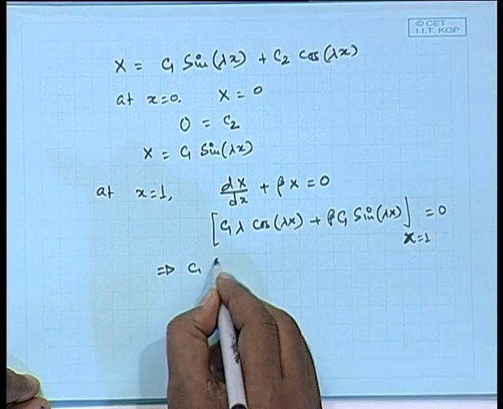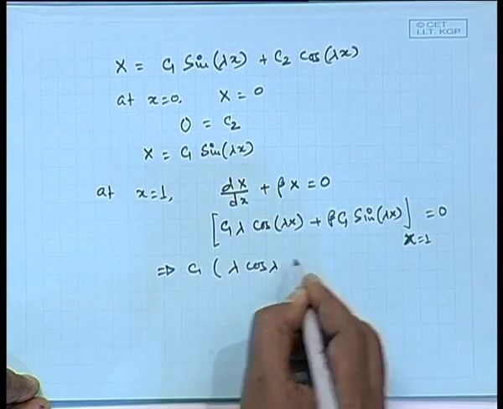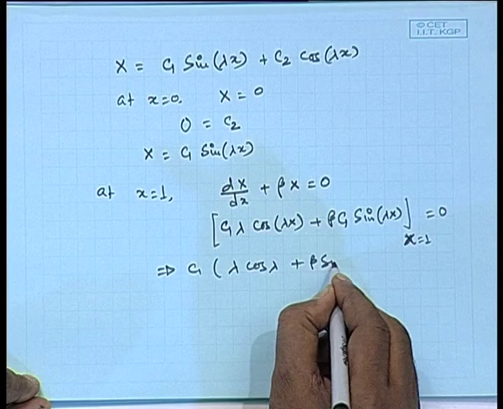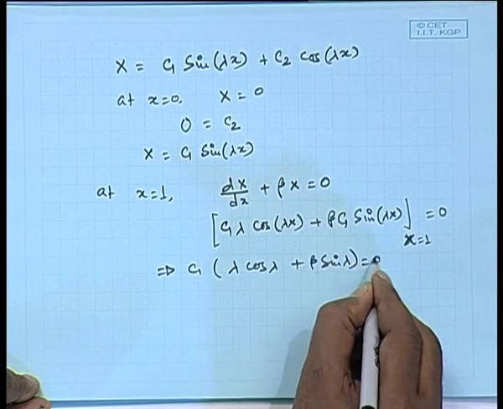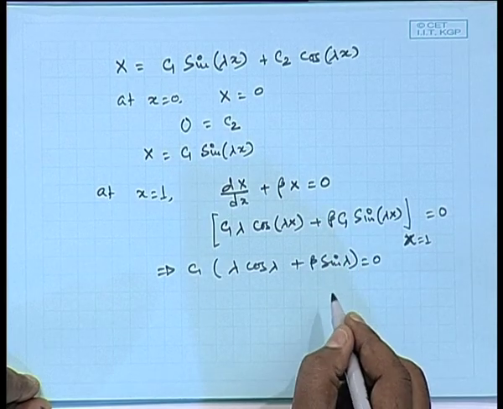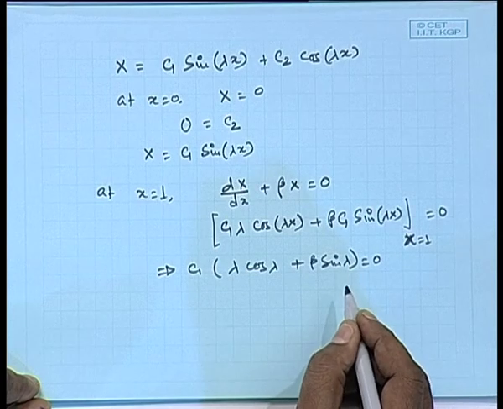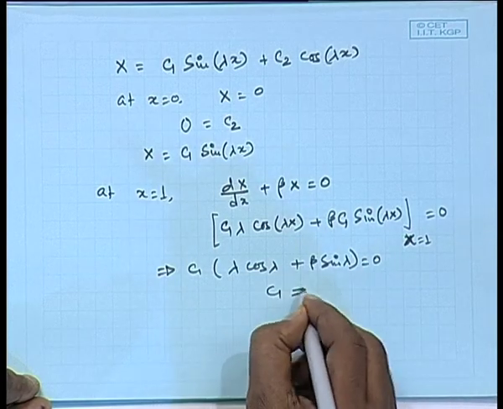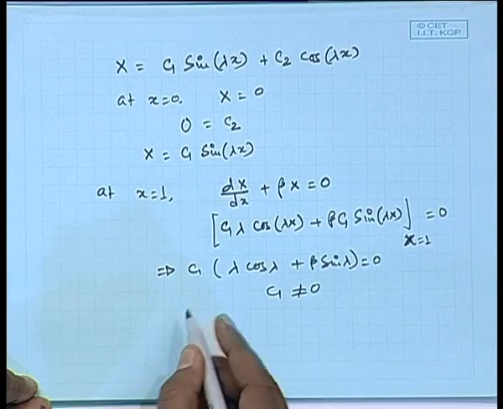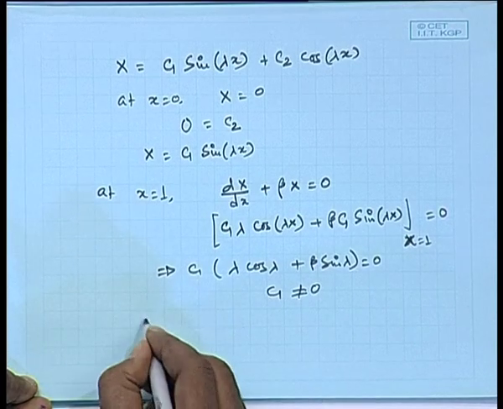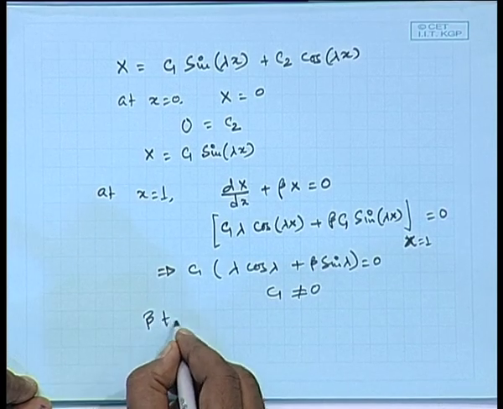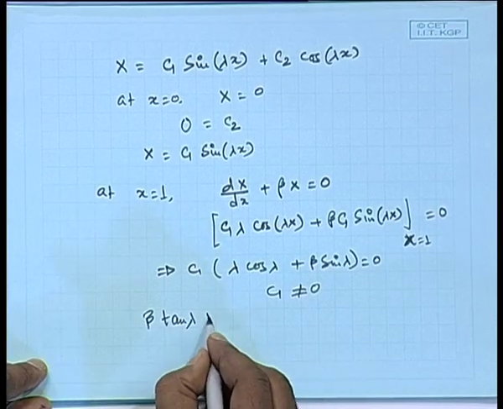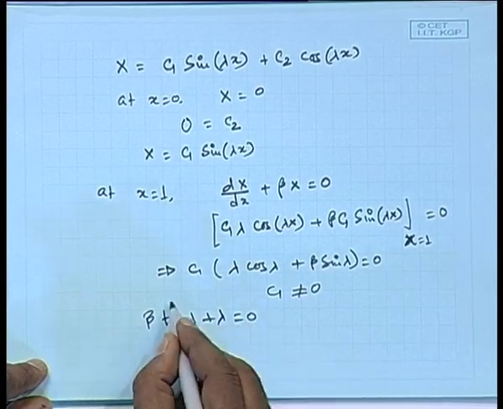So C1 lambda cosine lambda plus beta sin lambda equal to 0. Now in order to get a non-trivial solution, C1 should not be equal to 0, that means beta tan lambda plus lambda is equal to 0.